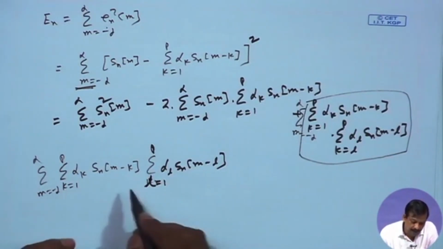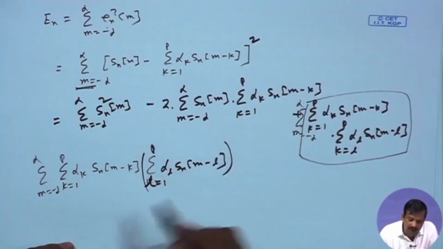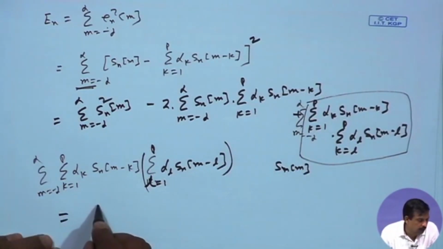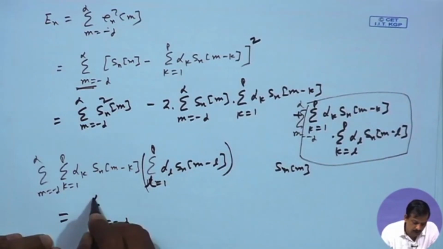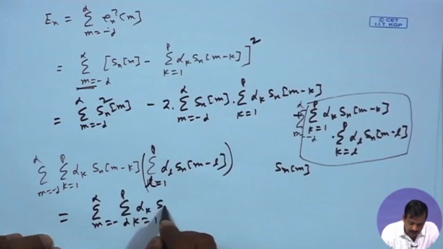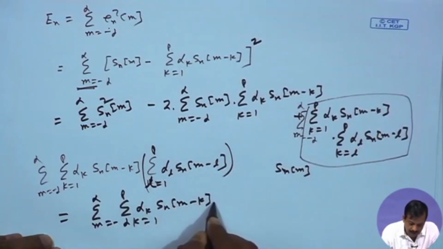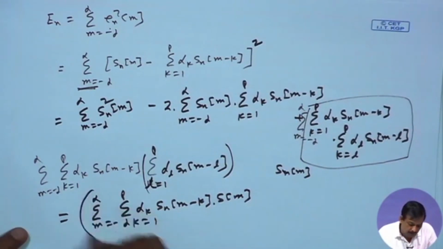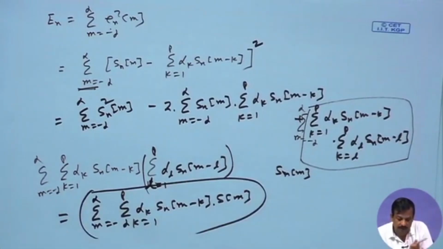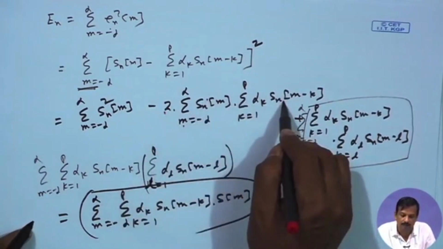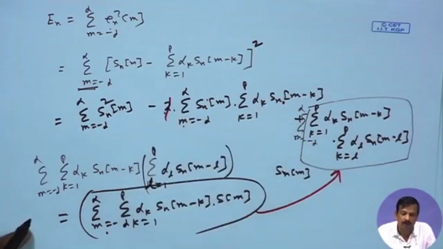Now, if I say this is the estimation of s m, which is only s n m, I can write this as the sum over m of the sum over k equal to 1 to p of alpha k s n of m minus k into s m. So I can replace this term here. The same term appears twice, so the 2 will be cancelled.